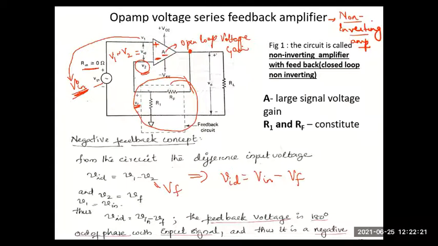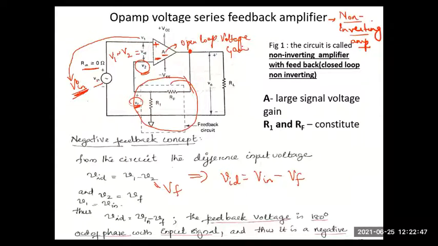The midpoint of this connection is taken and connected to the inverting terminal to provide the feedback signal VF. So whatever is the voltage drop across R1 would be the feedback signal, and whatever is the voltage across RF plus R1 is your output signal. The same voltage appears across a load resistance RL also.